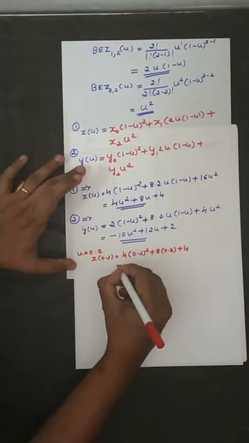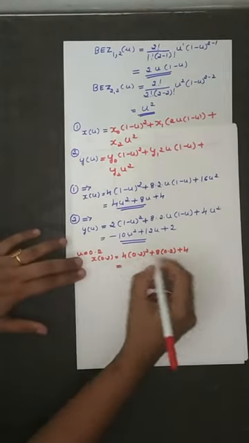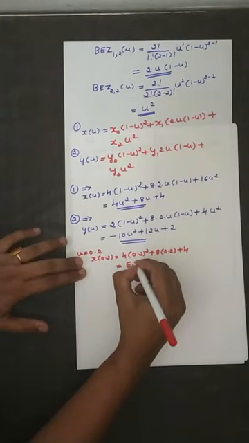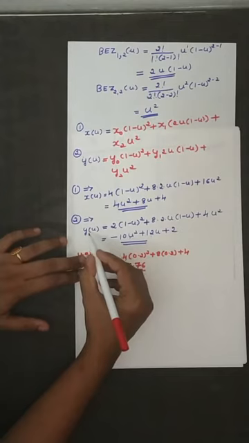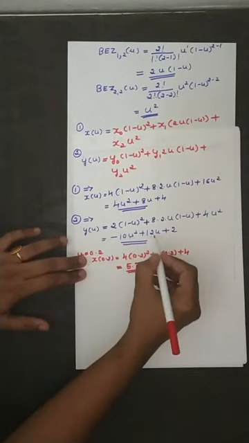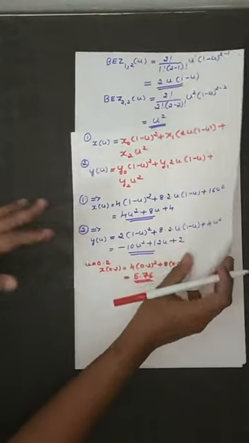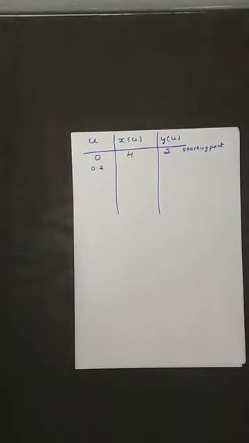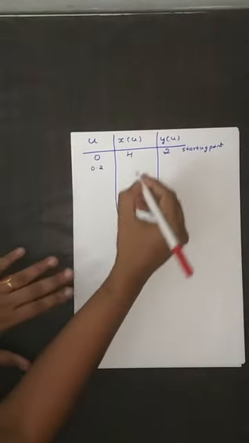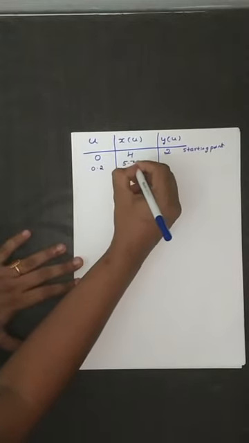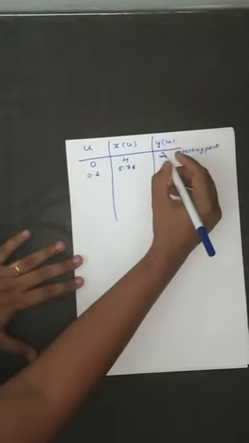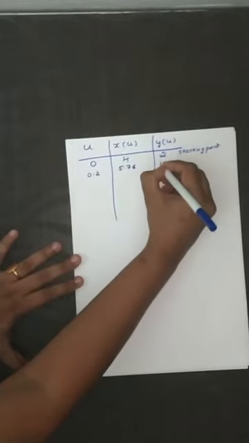Solve this and you will get 5.76. Similarly, 0.2 you have to substitute into y. So if you do this, x value is 5.76 and y value you will get 4.